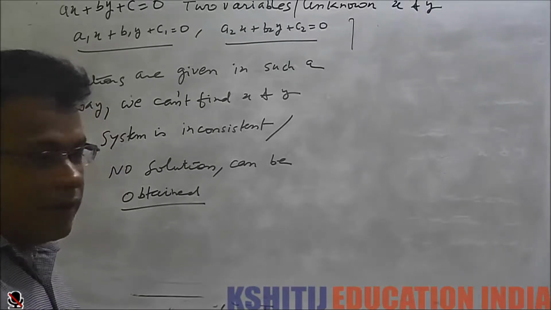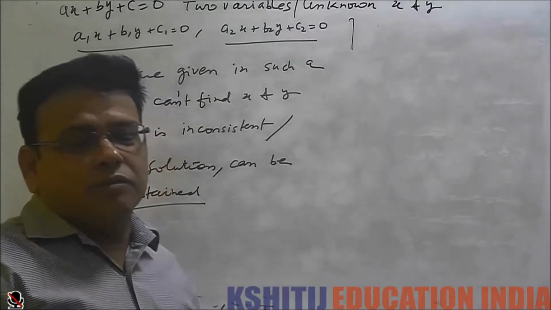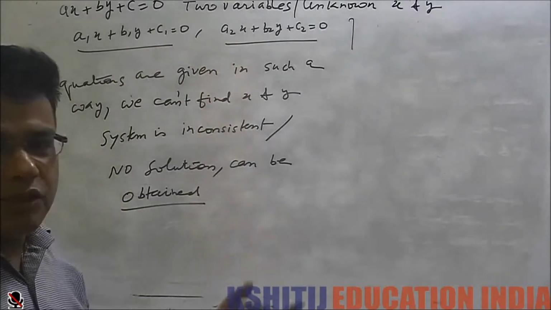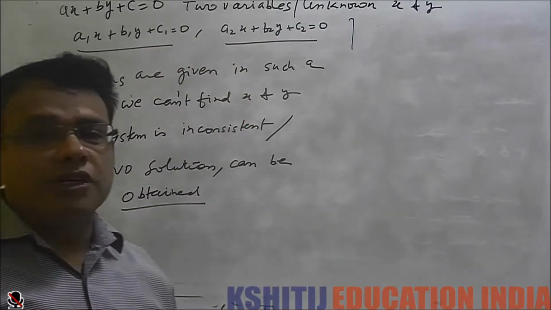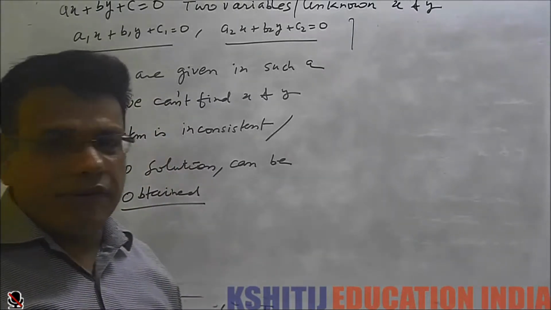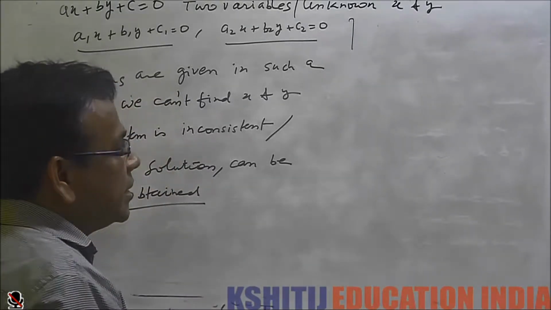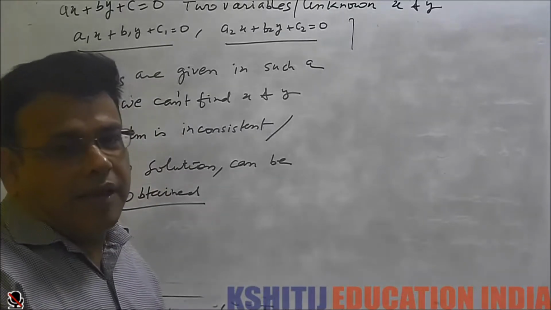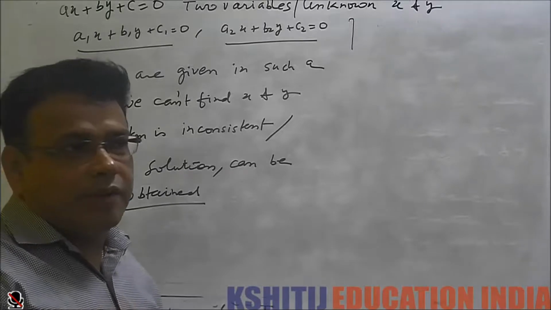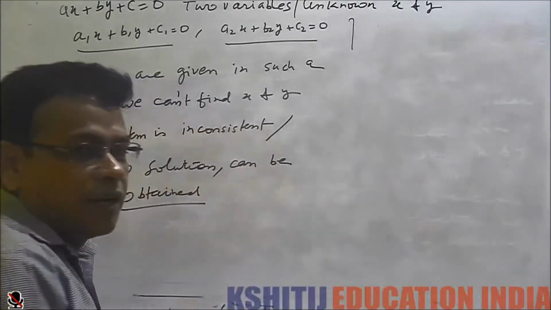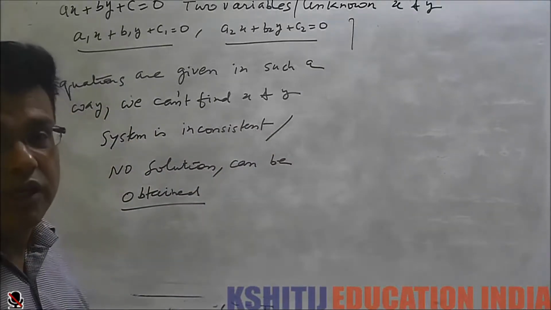Say x is 1 and y is -2, this would satisfy this equation as well as this equation. So that's the solution. I am saying the solution is not obtainable. So if you come to the graphical method, first I will explain through the graphical method. You can draw the graph for these linear equations because these are straight lines only.